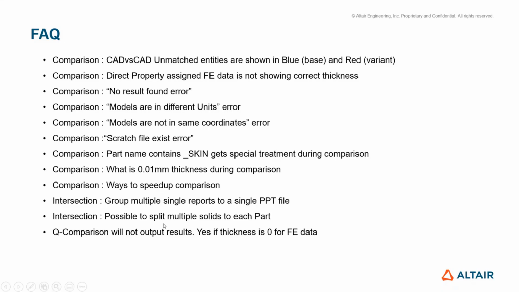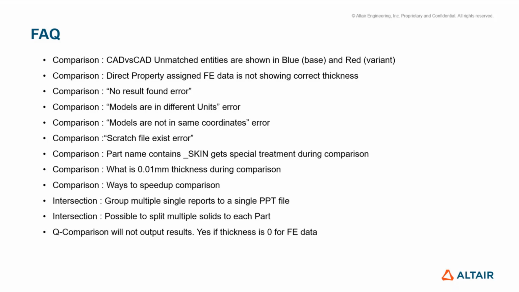The last but one: is it possible to split multiple solids into separate parts? Yes. On the CAD side, for example, if you import a CATIA product, some of the child CAD part files have multiple solids inside. Some of them are only single solids. So we have an option to scatter those multiple solids inside a CAD and create separate parts.